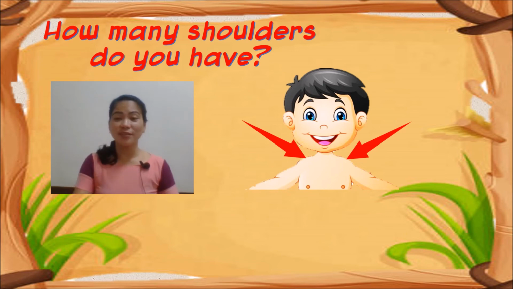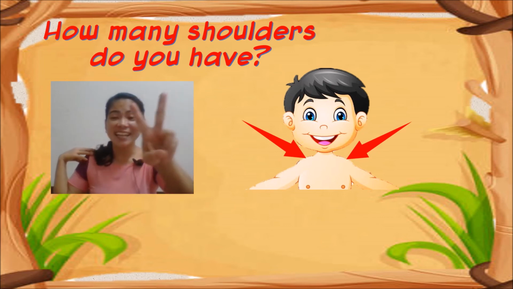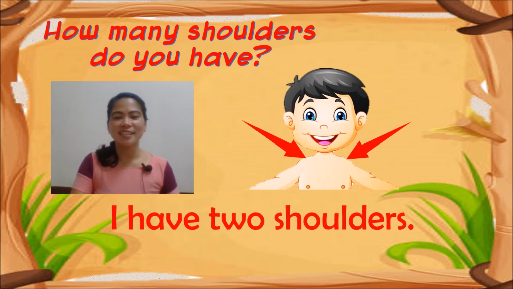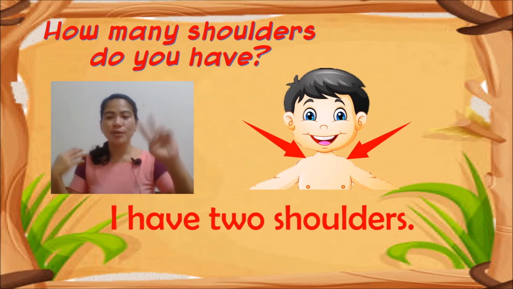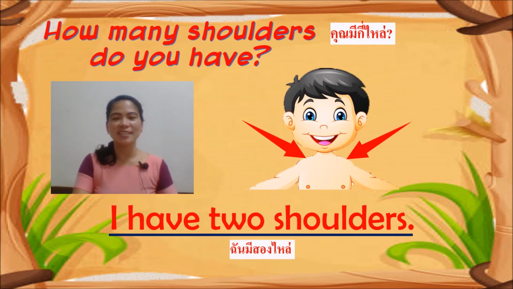Let's count it together. 1, 2. Yes, we have 2 shoulders. Let's say the sentence. I have 2 shoulders. Okay, and then the translation.